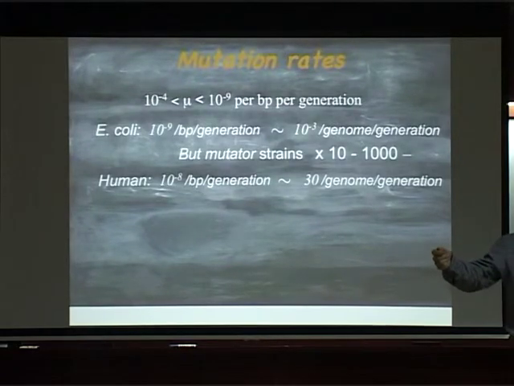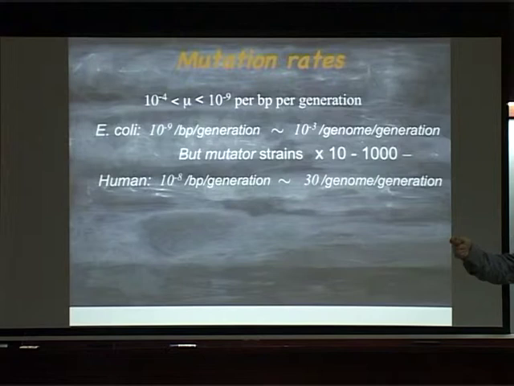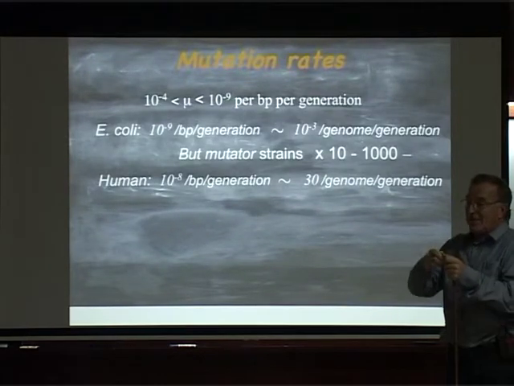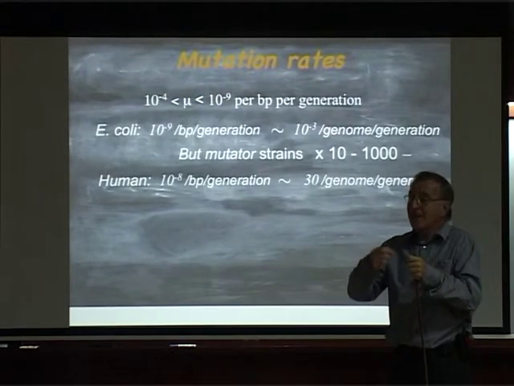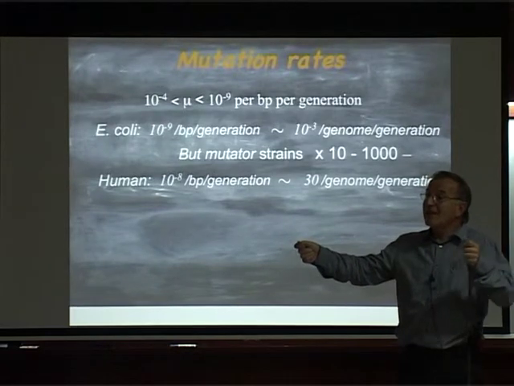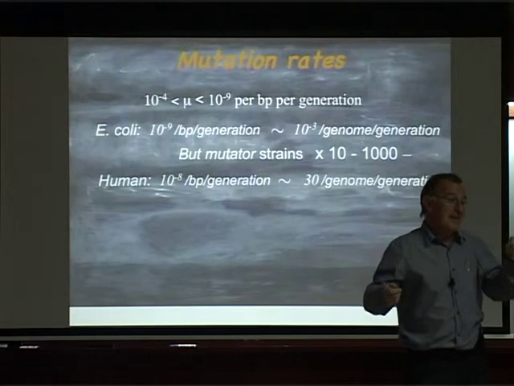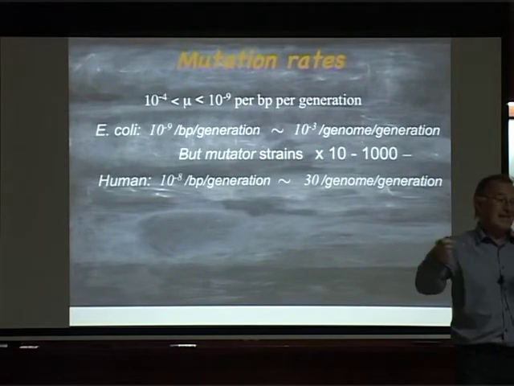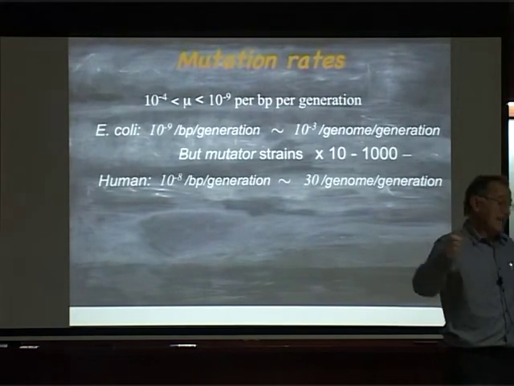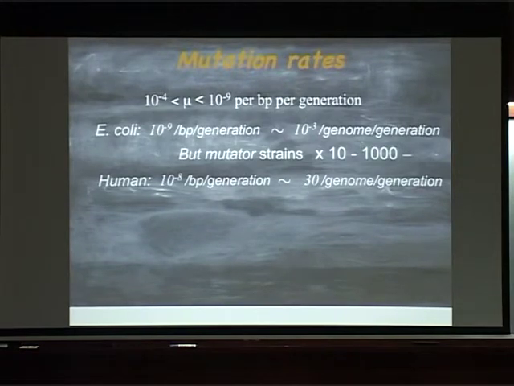So there are about 30 cell cycles separating our ancestral gamete and the eggs and the sperm that we produce.